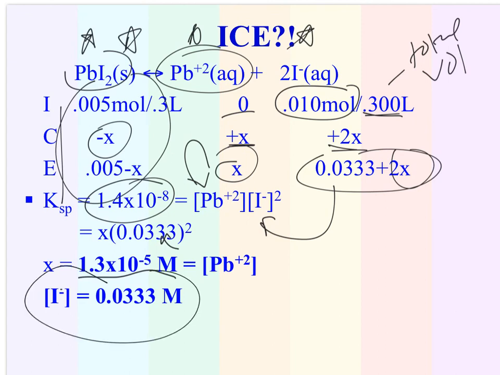So we were able to establish in the initial part of this problem that we would have a precipitation actually forming of this lead iodide. We then took that information and figured out how much of the lead ion and the iodide ion would be present after the precipitation had occurred.